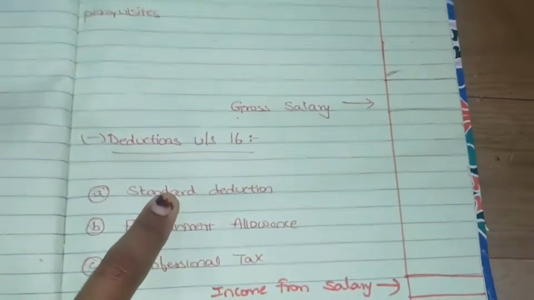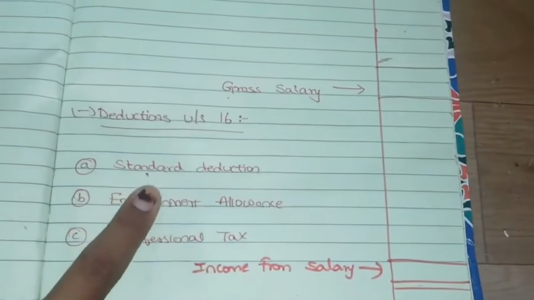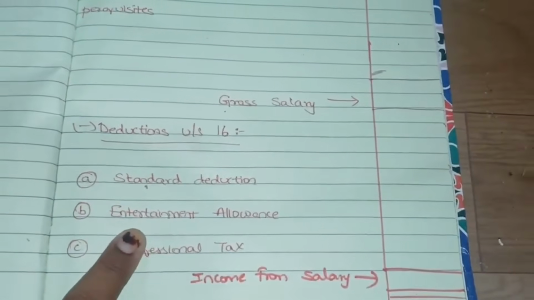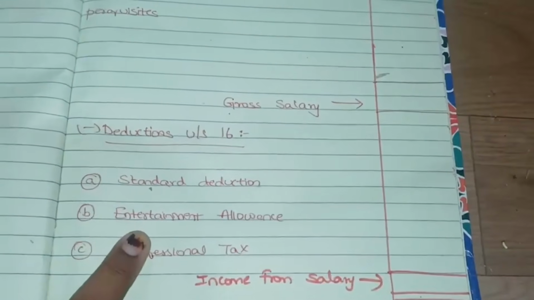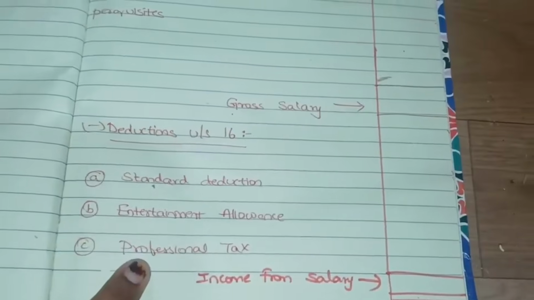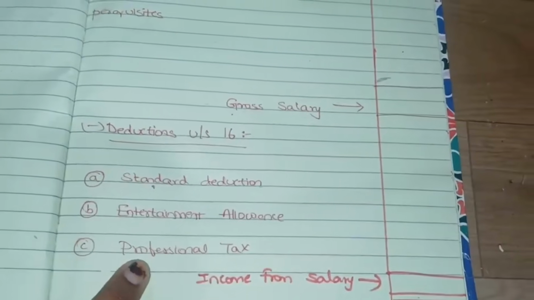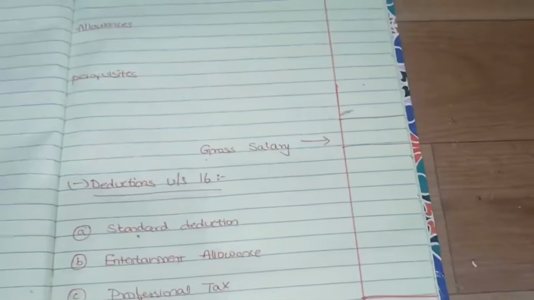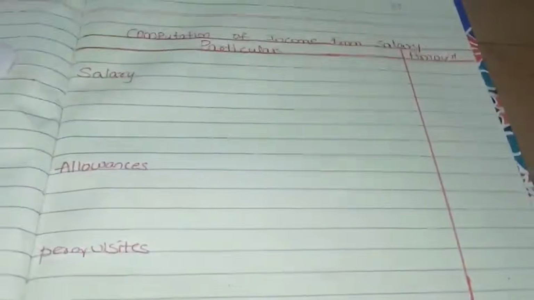In every question it is 50,000 minus, default. Entertainment allowance, if they are giving, keep it. If they are not giving for a government employee, we need to calculate it. Then professional tax, if they are giving, keep it. If they are not giving, keep it nil. Then you will get the income from salary. When you understand the proforma, the second chapter will be easy for solving your problem.